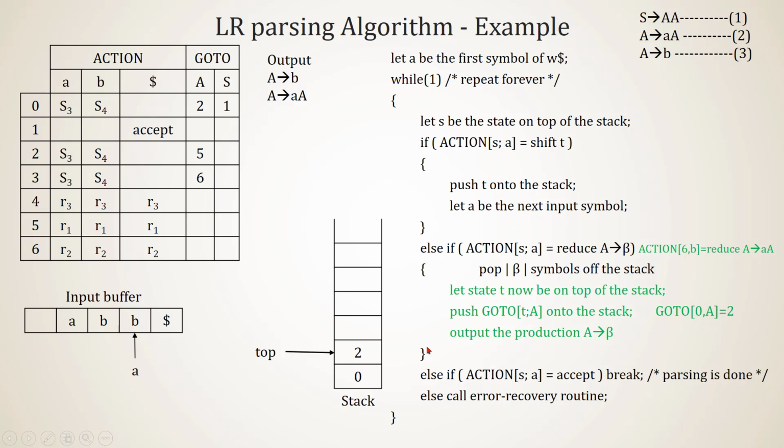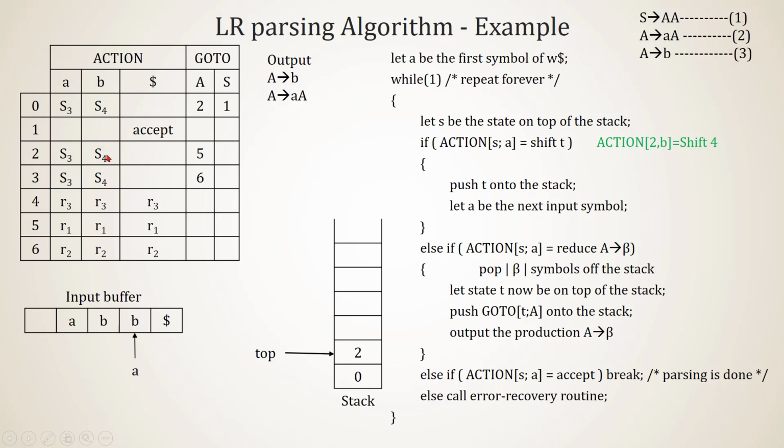This condition will be false. Since it is an infinite loop, again these steps will be executed. Let S be the state on the top of the stack. Top of the stack is 2 and a points to b now in the input buffer. So 2 comma B under action is S4. So this condition is true. Push T onto the stack. 2 comma B is S4.